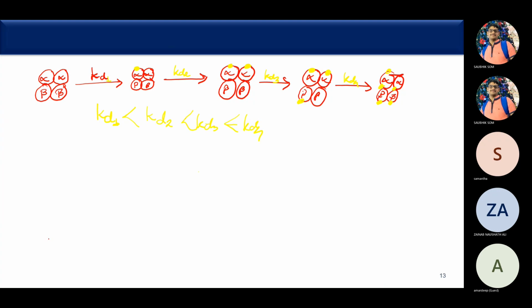This means that if one molecule of oxygen binds, this facilitates binding of the other molecules.